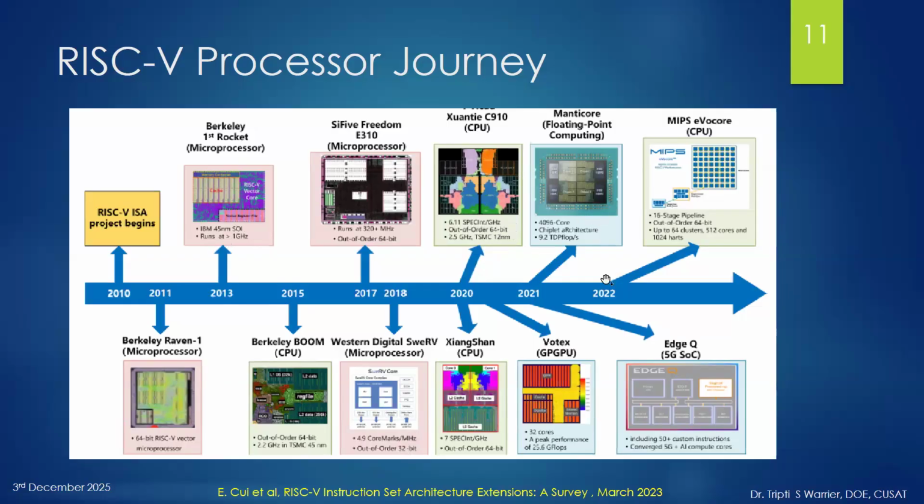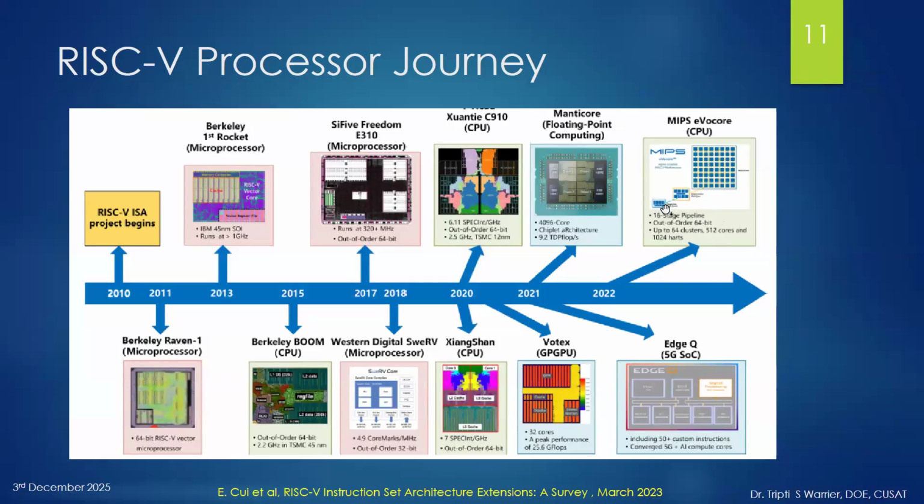What I'm trying to tell here is that some GPUs are available, and for edge, a 5G SoC is available now using RISC-V. You have 16-stage complex bigger systems with 64 to 512 cores.